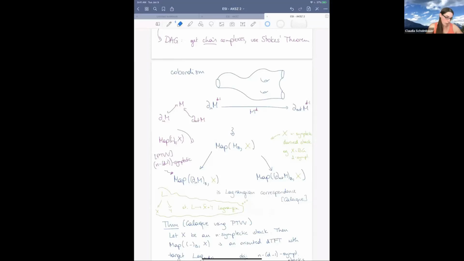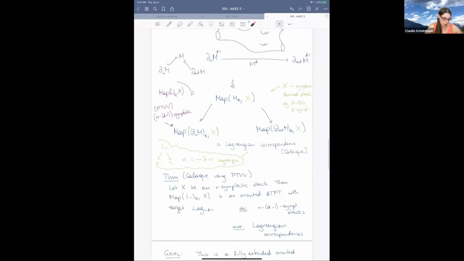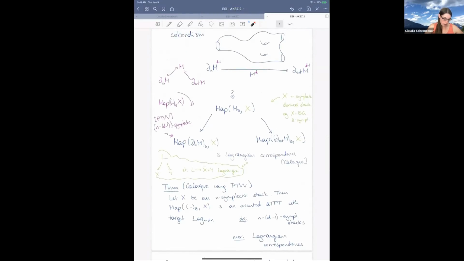Right, so what does Lagrangian correspondence mean? Just to be clear, having these two maps implies that we have a map to the product where I reverse the symplectic structure in one of them, and that this map should be Lagrangian. Okay, so what Damien Calaque showed is actually even more. He showed that this procedure gives you an oriented d-dimensional topological field theory.